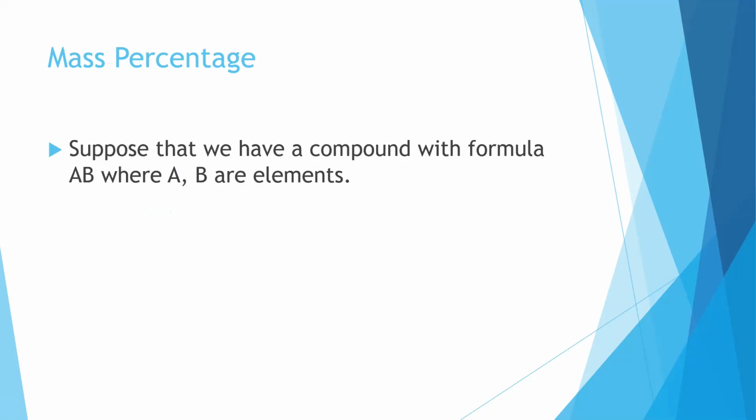Okay, so let's briefly define what a mass percentage is. Suppose we have a compound with formula AB, where A and B are elements. One such example is H2O, which is water. So that's in the form AB.